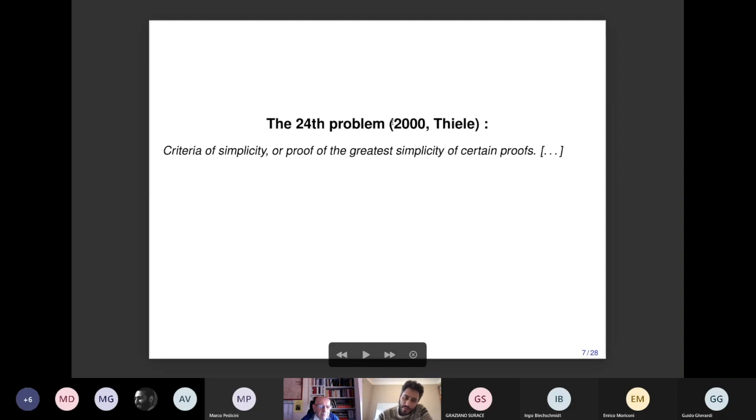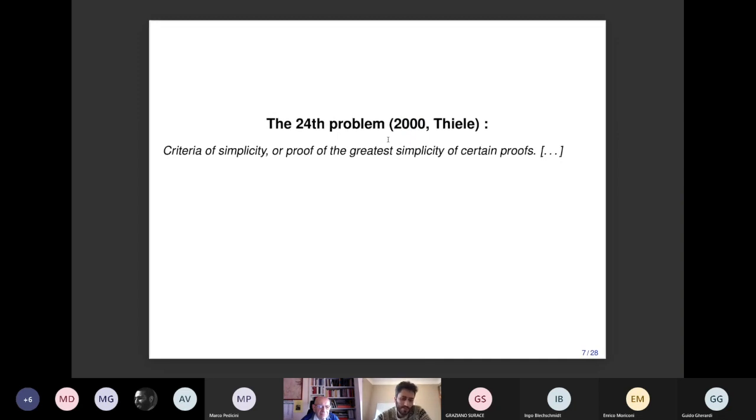So this 24th problem has been discovered by Thiele. I don't know, it's from Germany, so I'm not sure about the pronunciation. However, it has been discovered 20 years ago in the Hilbert notebook, where he took notes.